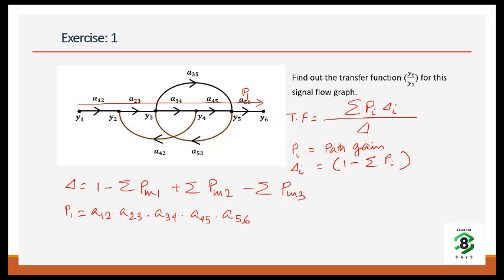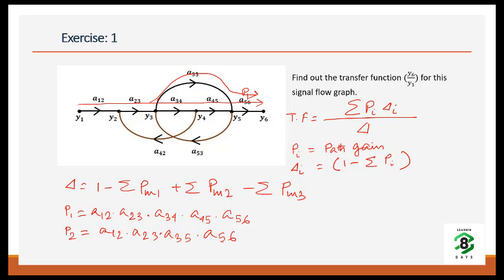So this is the path. If I take the gain of path 2, this is a12, a23, a35, a56. We do not have any other forward path.